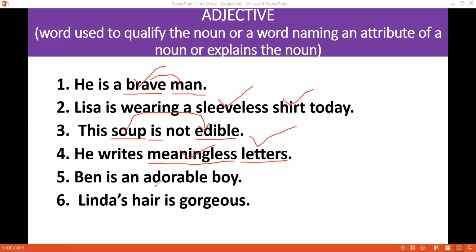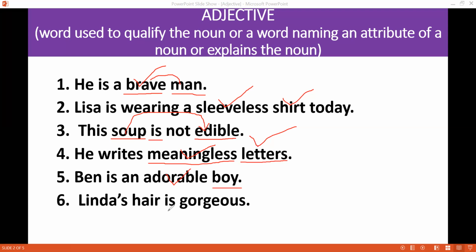Ben is an adorable boy. Boy is a noun. The word adorable has been used with the noun to explain or qualify it, to tell us the quality or attribute of a noun. So the word telling us the quality or attribute of a noun is called an adjective.